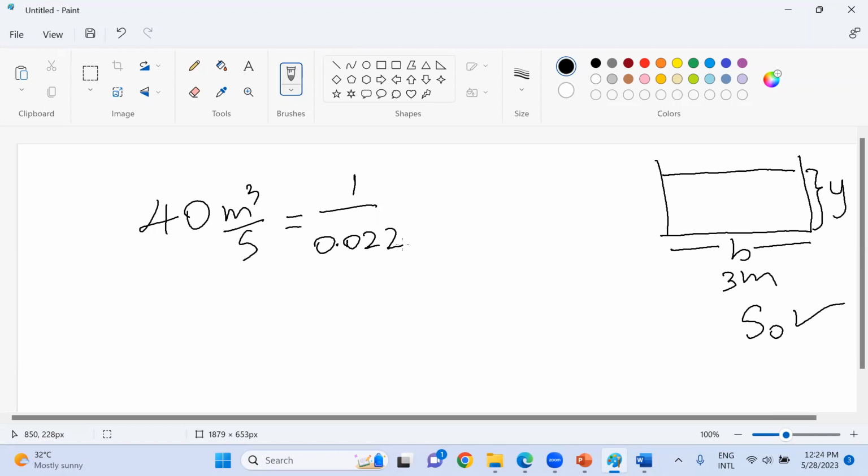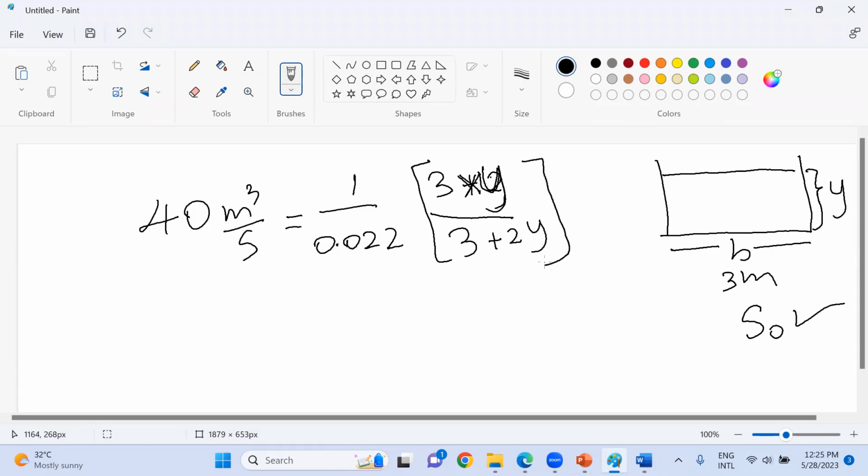R_H, what is R_H now? 3 multiplied by Y, that is the area, divided by 3 plus 2 times Y. That is the hydraulic radius to the power 2 over 3. Then you also need to multiply this by the area. What is the area?